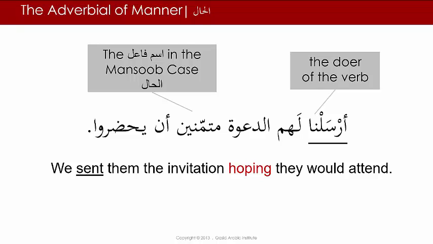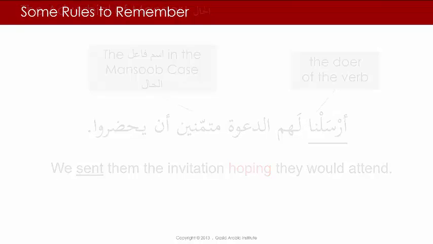We sent them the invitation hoping they would attend. So here, muta'amminina is a hal, but it has to agree with the pronoun we, which is plural. So that's why we have muta'amminina. أرسلنا لهم الدعوة متأملين أن يحضروا. We sent them the invitation hoping they would attend.